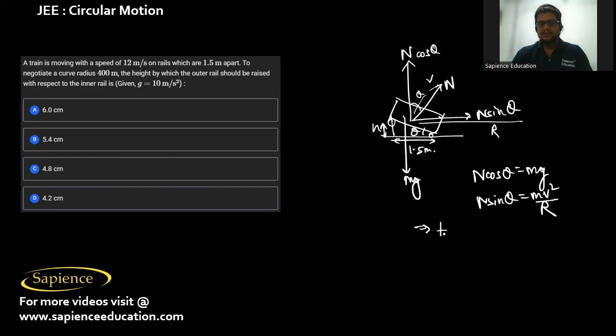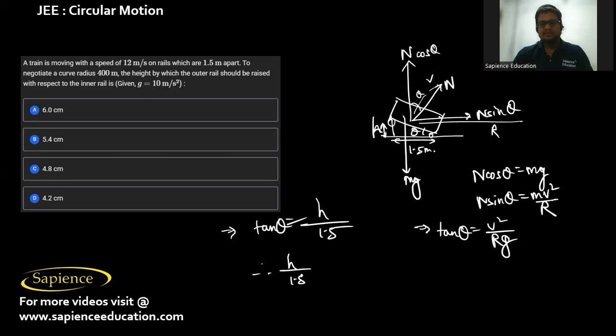So then we can say that tan theta will be equal to v square by rg. So therefore tan theta is equal to h by 1.5. So h by 1.5 is equal to v square by rg. Now therefore the height will be equal to v square, 12 into 12, by rg, into 1.5, where r is 400 meter and g is 10.